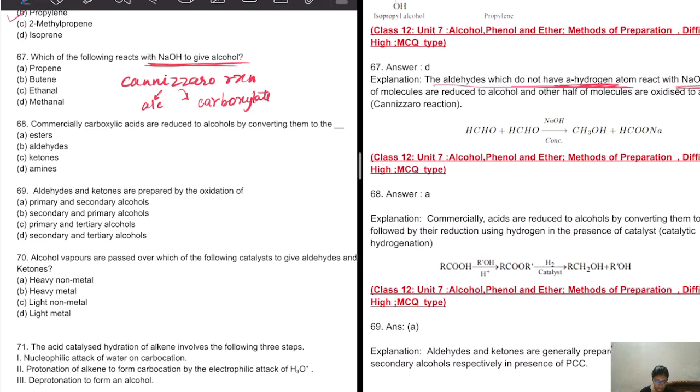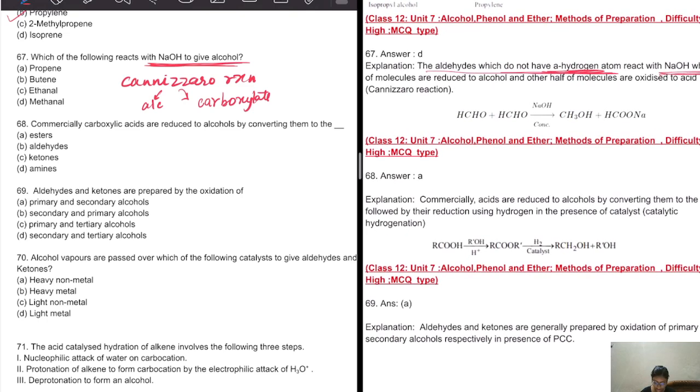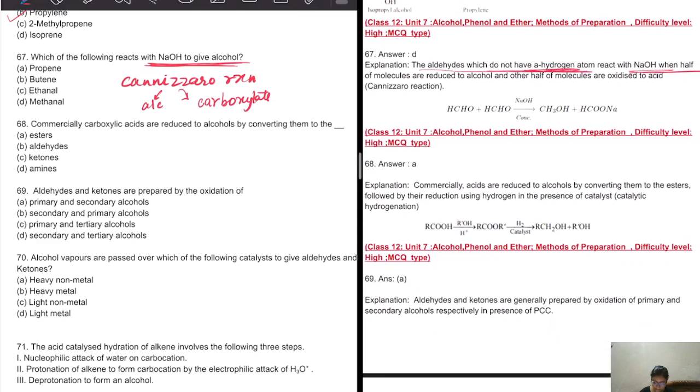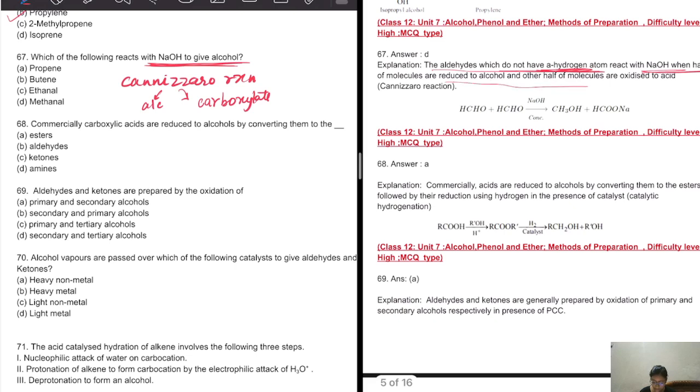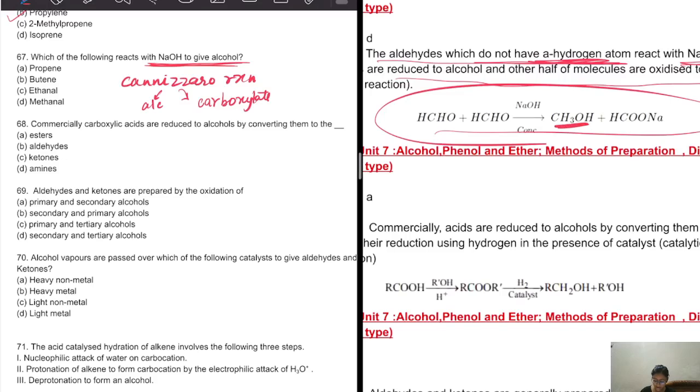So the aldehyde should not have alpha hydrogen. One molecule is reduced to alcohol and the other is oxidized to acid. So this is the reaction taking place: one is CH3OH and the other is HCOONa. So the correct answer is B.